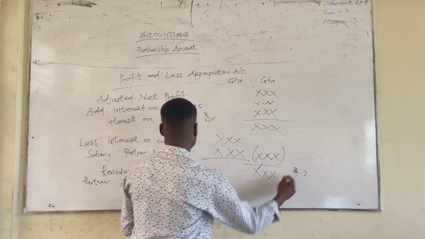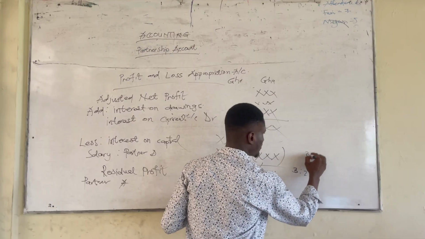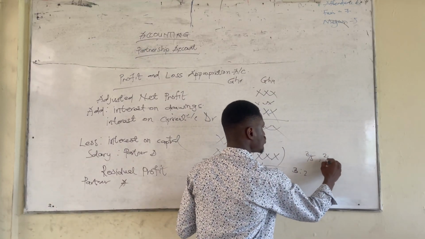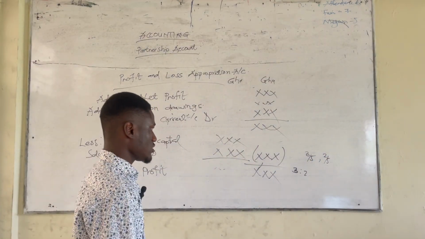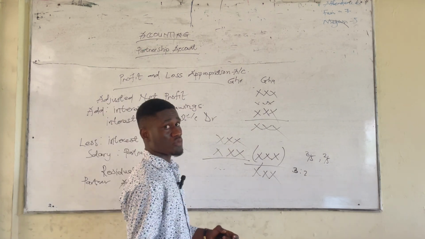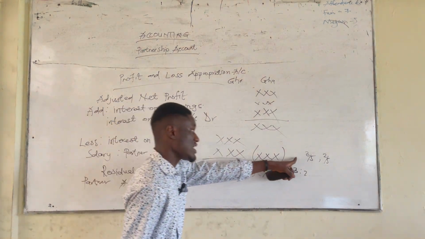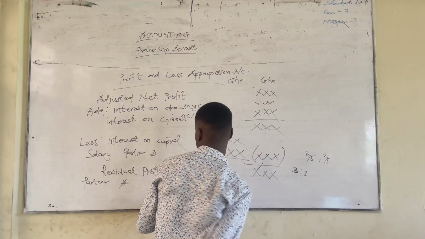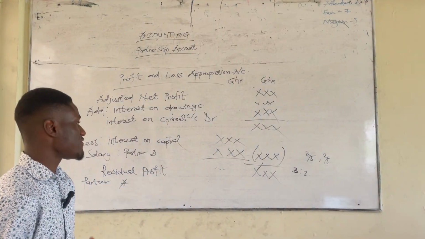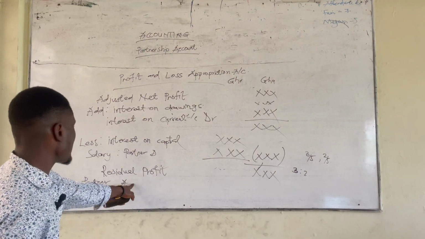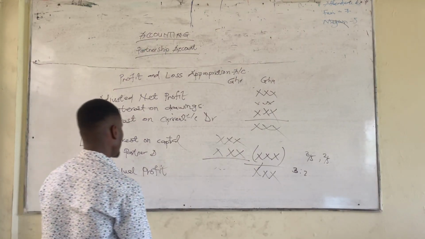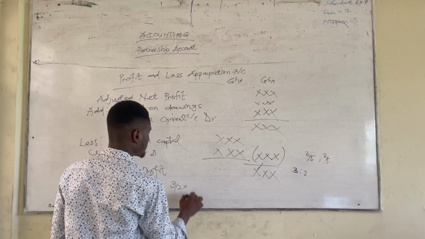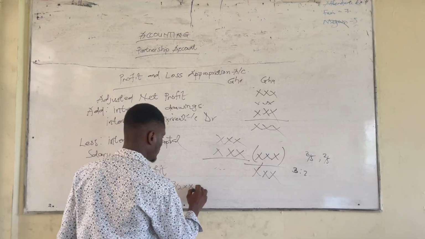So partner A is going to be 3/5, and partner B is going to be 2/5. I hope you all know respectively. That means the first partner receives the first fraction and the second partner receives the second fraction. So partner A is receiving 3 over 5 times our residual profit.